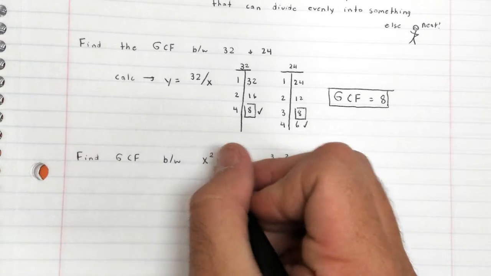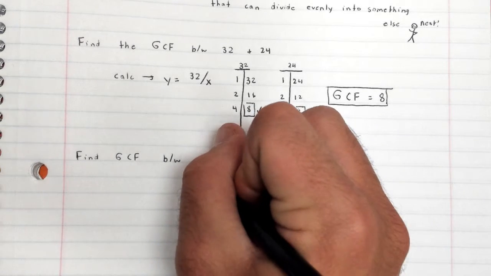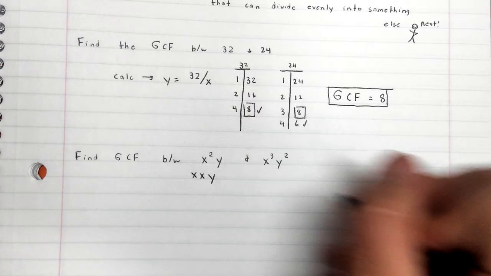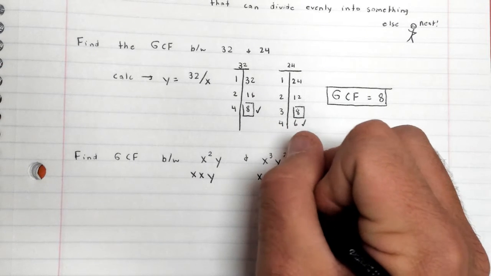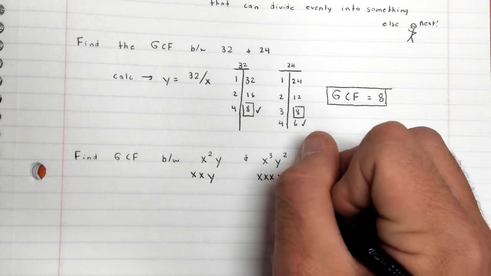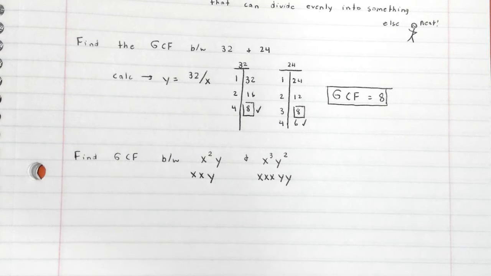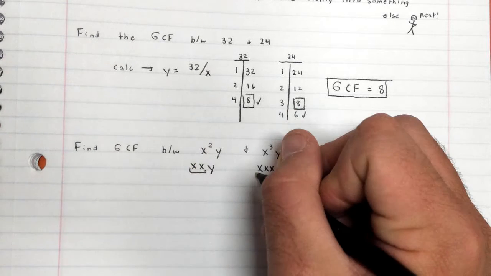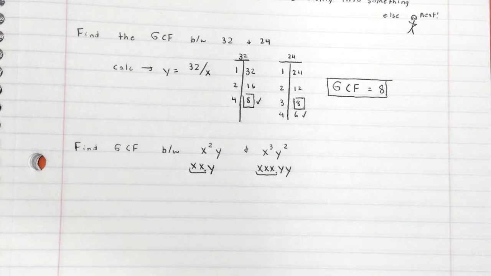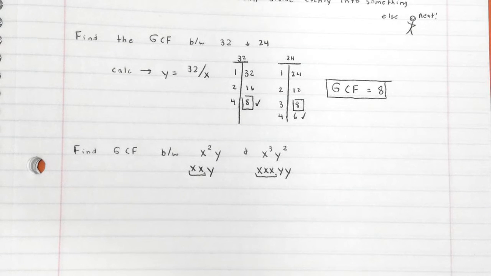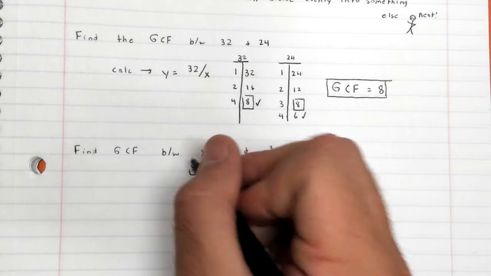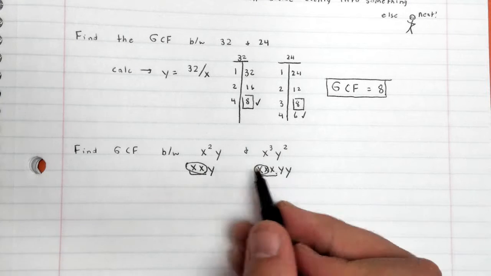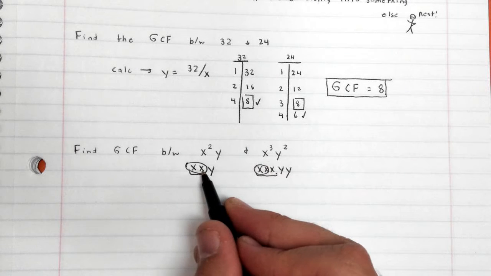Well, this pair has 2 x's because it's x squared and 1 y. This has 3 x's and 2 y's. The biggest or largest amount of x's that they share is 2. They don't share 3. This one only has 2.